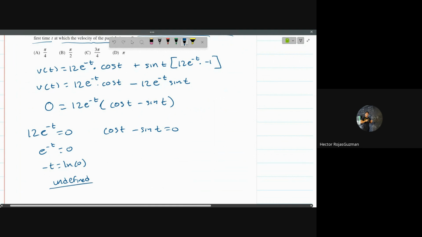But for the second one, cosine of t minus sine of t is equal to 0. So you want to figure out a spot in the unit circle, an angle, when they are both exactly the same, right? Because one minus the other is 0. And that happens at pi over 4.